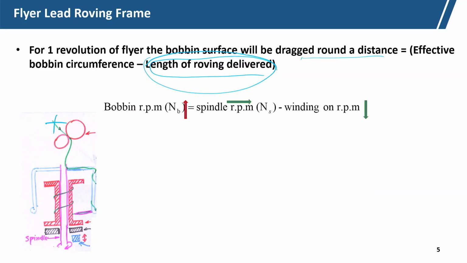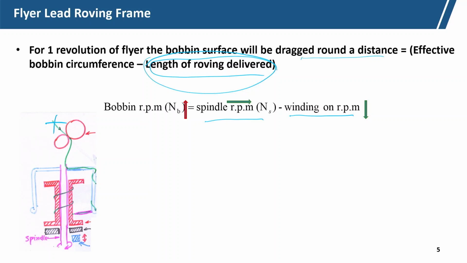So, as the bobbin RPM increases and spindle RPM remains constant, the winding on RPM will reduce, that is, minus 1 winding on RPM.